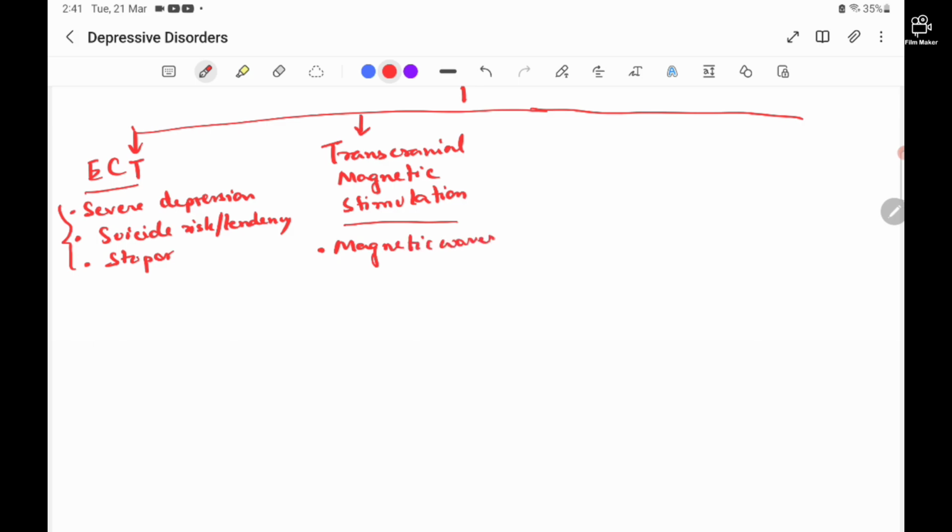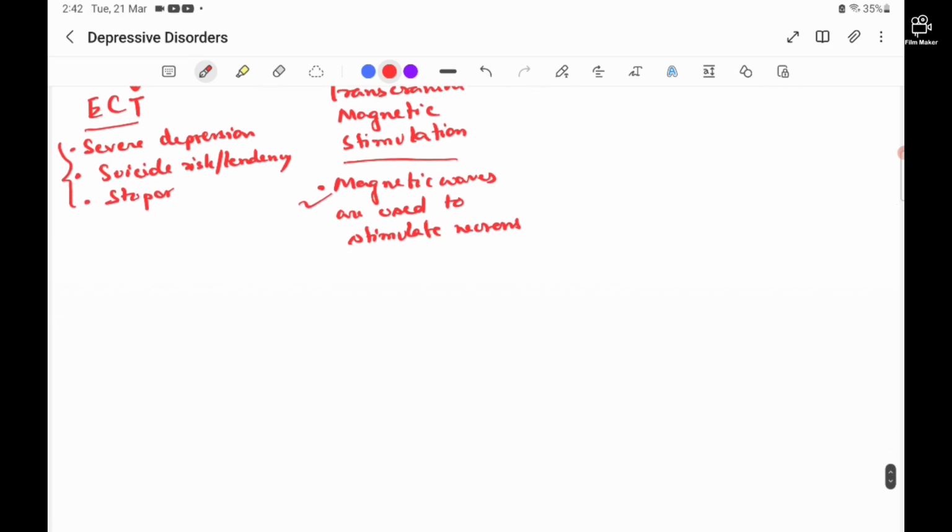This is a very difficult therapy to do, and there are special trainings for doing transcranial magnetic stimulation. But for now, we just need to know what it basically is: magnetic waves are used to stimulate the neurons.